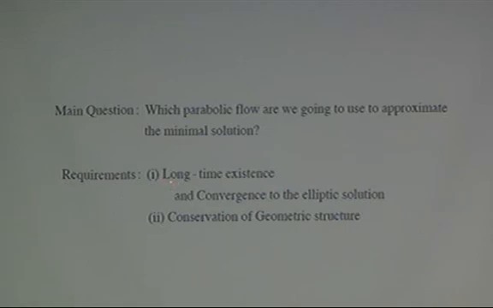The first one is long time existence and convergence to the elliptic solution. Well, in the fast diffusion case, we don't have long time existence, but still it works. But I hope it has long time existence. And the second requirement is the conservation of the geometric structure.